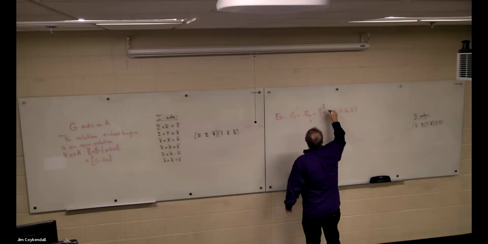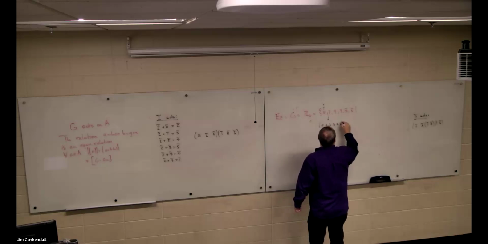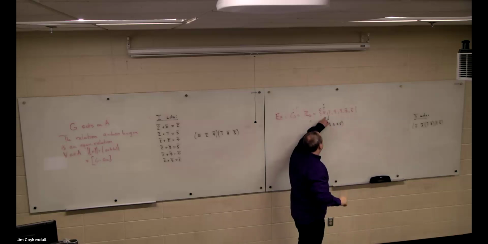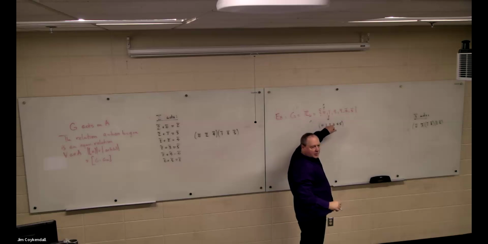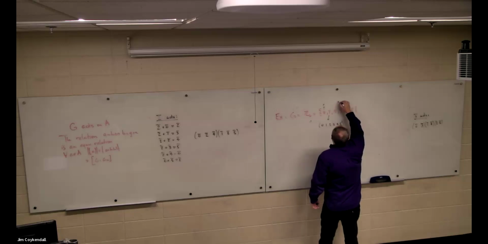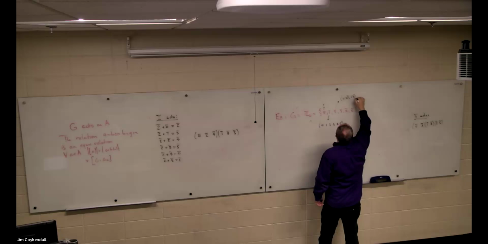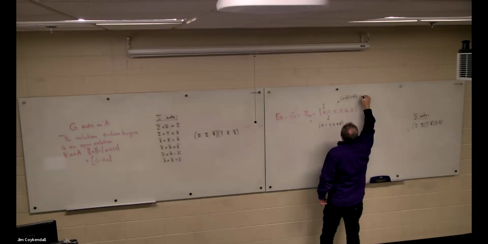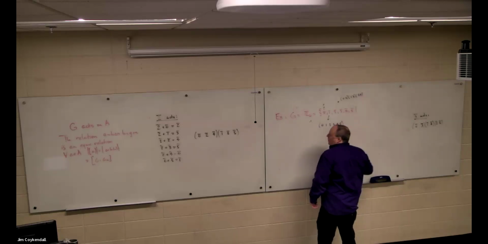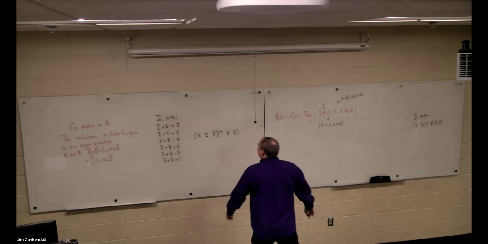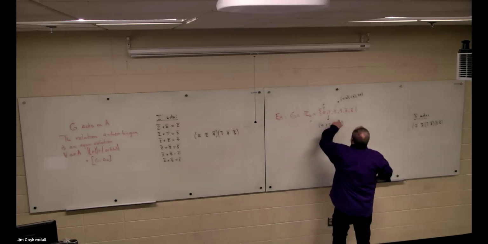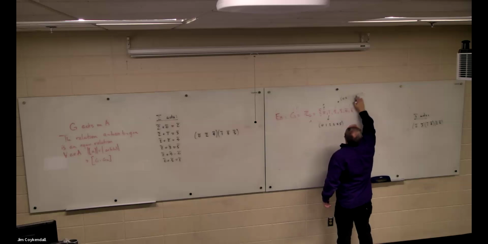This is the identity. You can think of this as the permutation 0, 1, 2, 3, 4, 5. Now, what happens when you multiply this permutation by itself? You get 0 to 2, 1 to 3, 2 to 5.